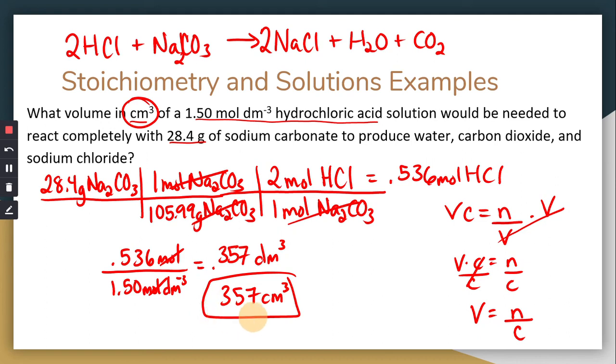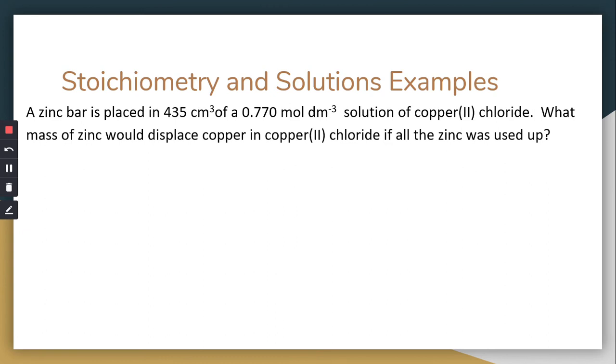So really what volumetric analysis is doing is taking the concept of concentration and the concept of stoichiometry and putting it all together. Let's do one more example. So we have zinc and it's placed in copper 2 chloride, and we want to know what the mass of the copper would be that the zinc displaces. So if we set up our reaction, zinc and copper 2 chloride, remember zinc always has a charge of 2, so that would be ZnCl2 and copper, and it's a balanced equation.